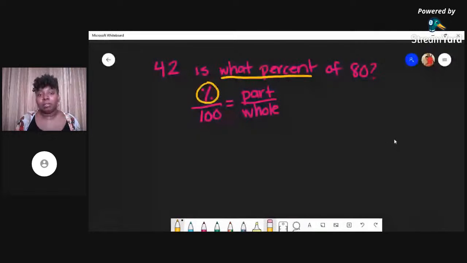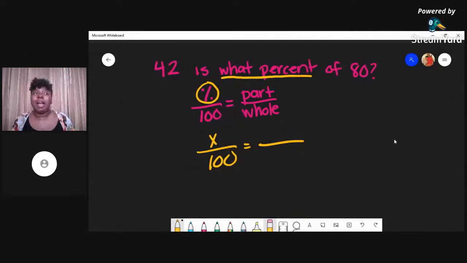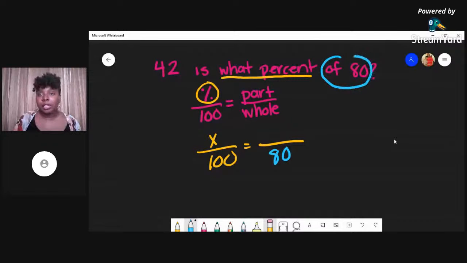X. Good. All right. Now, I always take a percent of the whole amount. Which one is the whole amount? Which one am I taking a percent of? 80. Good. All right. So of 80, this is our whole.